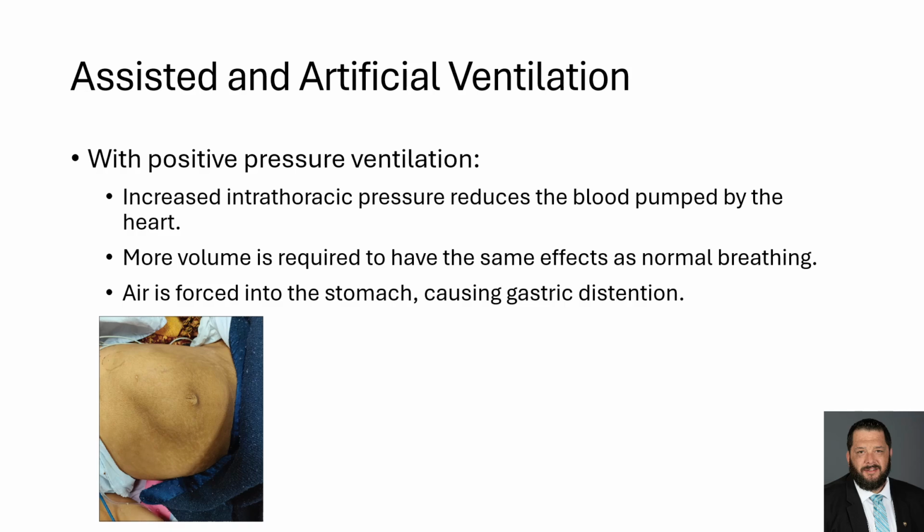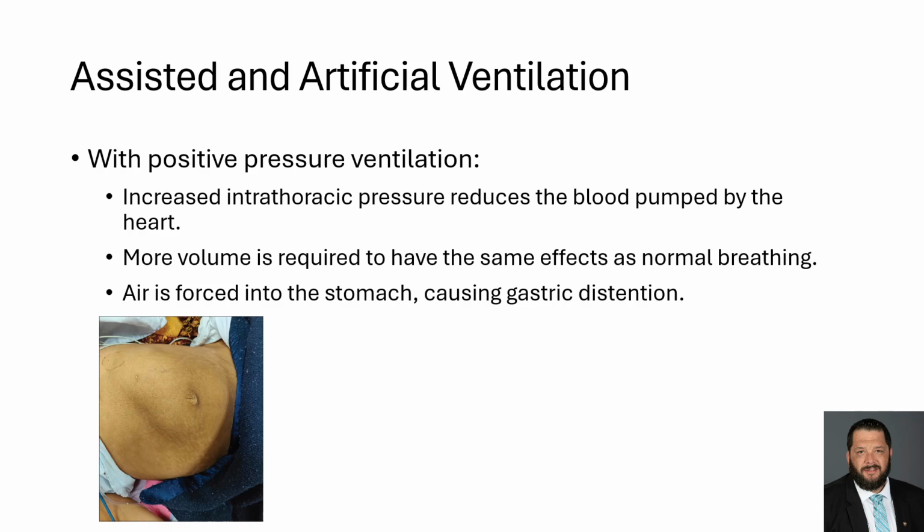With excessive ventilatory rate or ventilatory pressure, air will be forced out of the lungs past the epiglottic opening into the esophagus and ultimately down into the stomach. This complication is known as gastric insufflation, and you can see here by the image the distended abdomen or distended stomach from a patient.